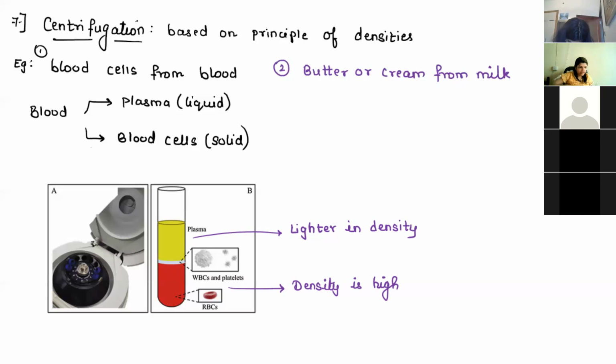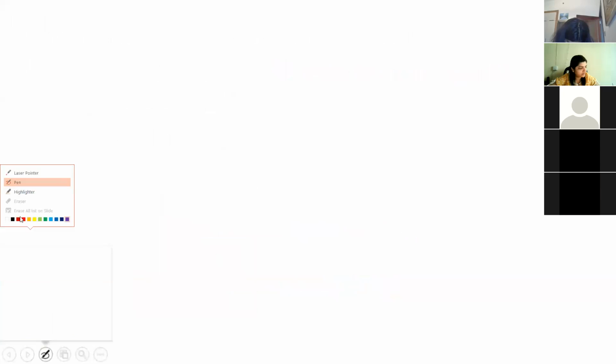Okay. Now let's go to the next technique, which is sublimation. Let's say I want to separate ammonium chloride plus common salt.